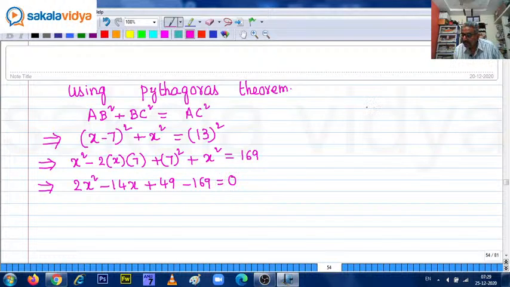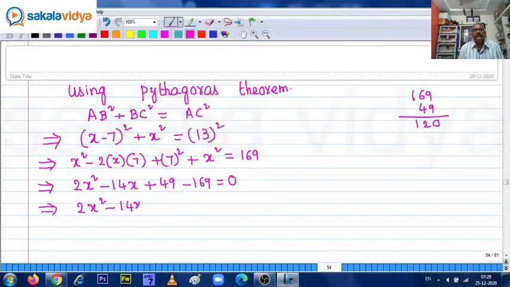So yes, Rajesh Gaud, are you there? Very good. 169, 49, subtract it, 0 to 120. So this will be minus 120. So we get 2x square minus 14x minus 120 equals 0.